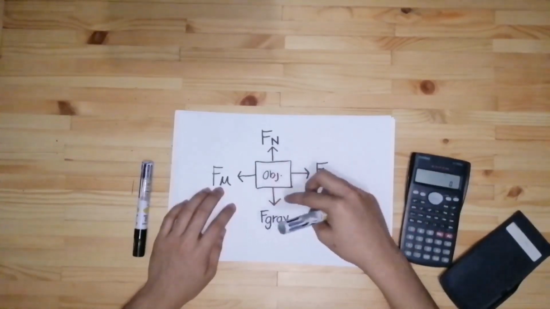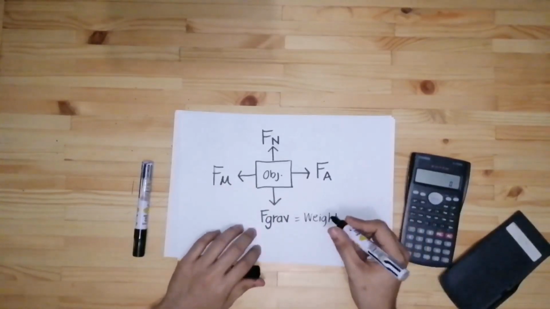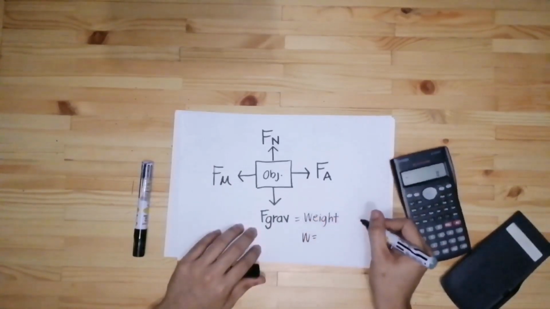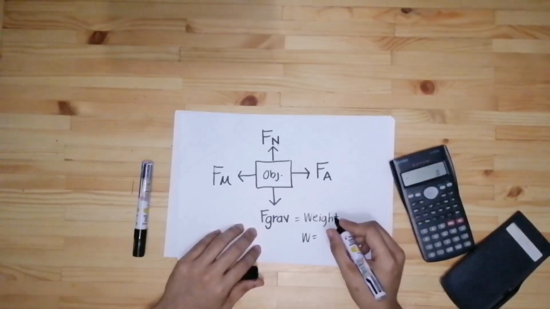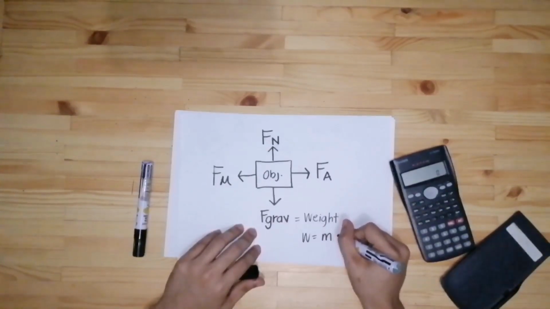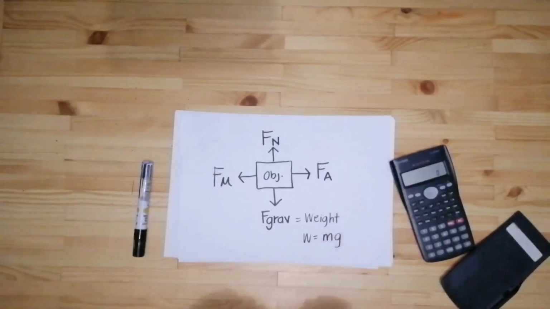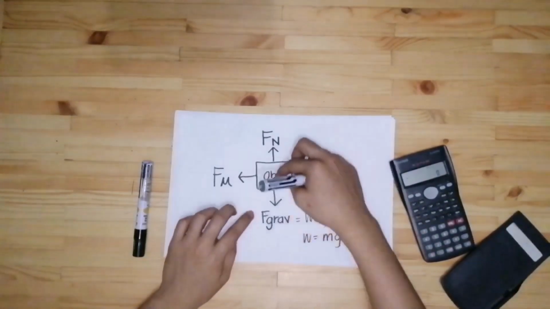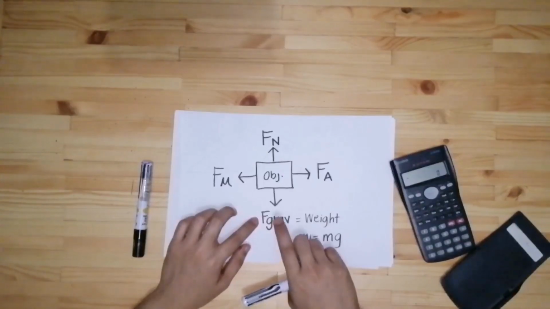So that is our weight. When we say weight, there is a formula for that, with respect to gravitational acceleration, which is 9.8. So when we find the weight, given the mass, you just multiply the mass by the gravitational acceleration of 9.8. So what pushes the object downward is what we call the gravitational force.